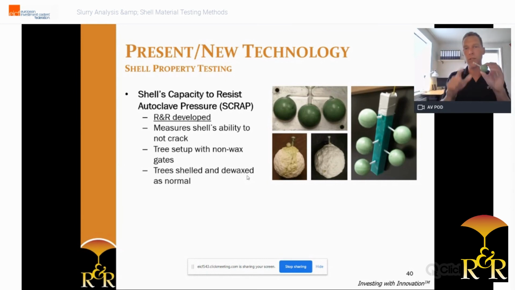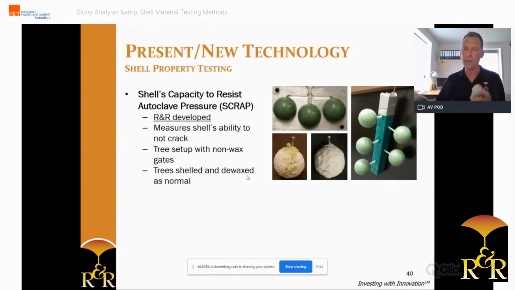Instead of wax sprues, we use a screw, a metal screw, and then the tree is going to be shelled. So during de-wax, the wax sphere cannot drain through a sprue, so it will generate maximum expansion force inside the shell. And once de-waxed, we can compare different shell systems based on the cracks.